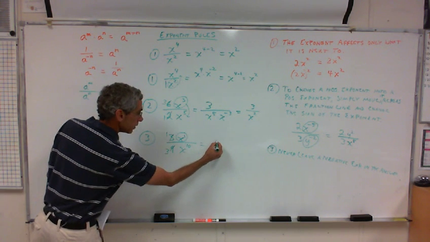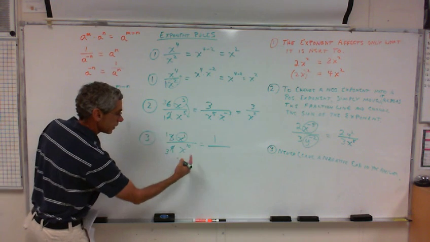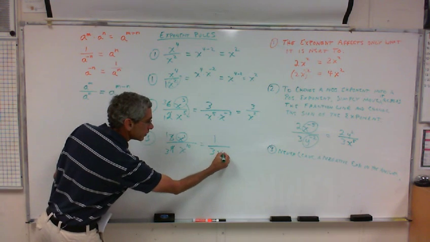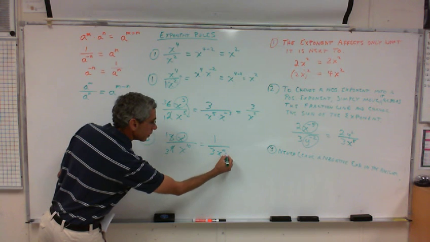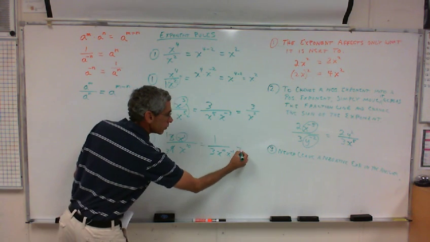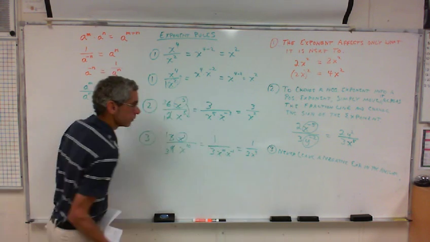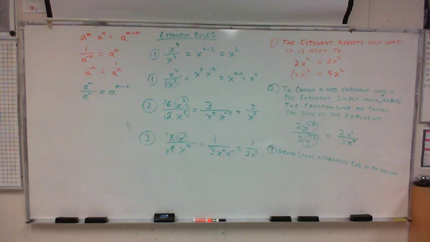So now there's only a 1 upstairs. And now I have 3x to the 10 times x to the negative 1, which gives me 1 over 3x to the 9th. That makes sense?